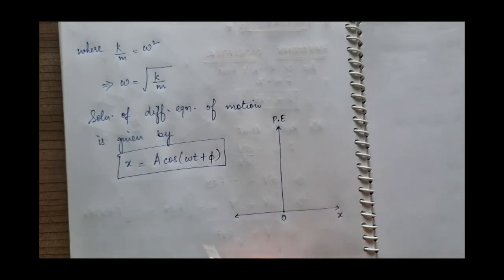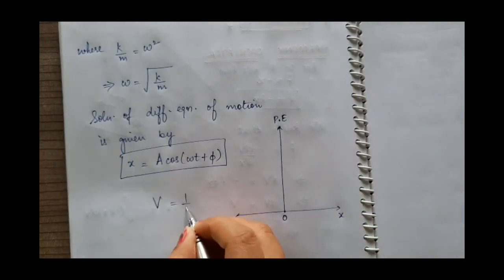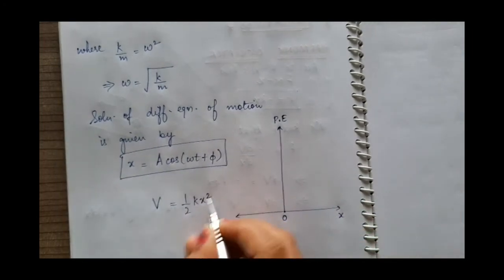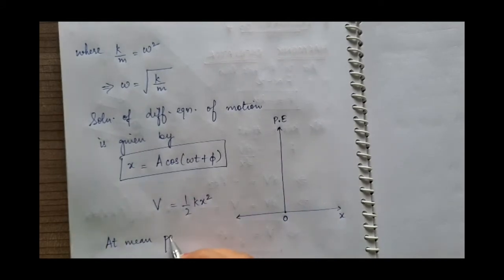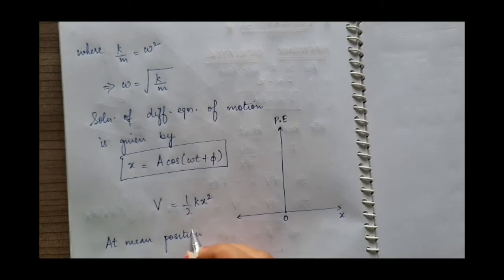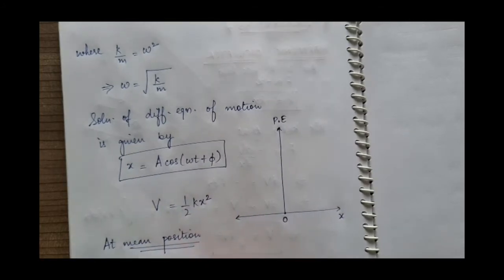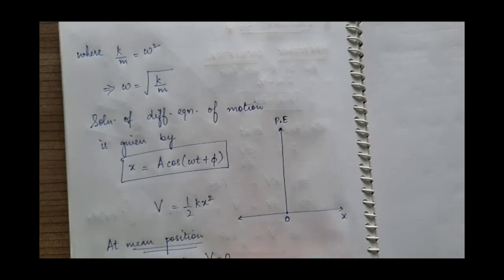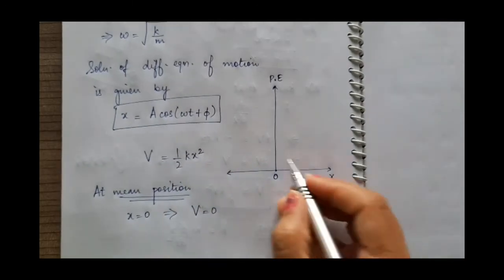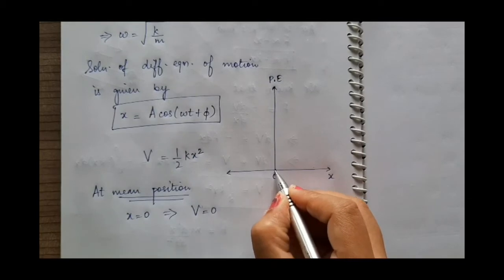How? Because potential energy V is equal to half kx square. At the mean position, what is the displacement from the mean position? X is 0, which implies V will be 0. So at x equal to 0, that is at the mean position, potential energy is 0.